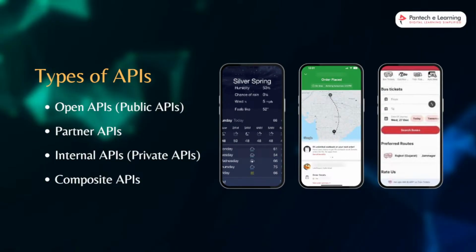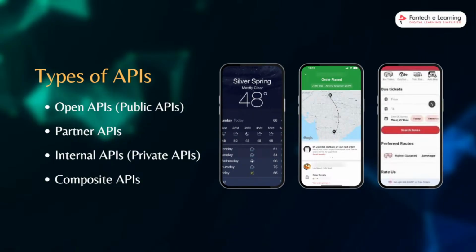And what is partner API? Two software are connected, right? So these two software are called partners. We can transfer data between the two software, that is called partner API. And internal API is within an organization like Facebook or Google.